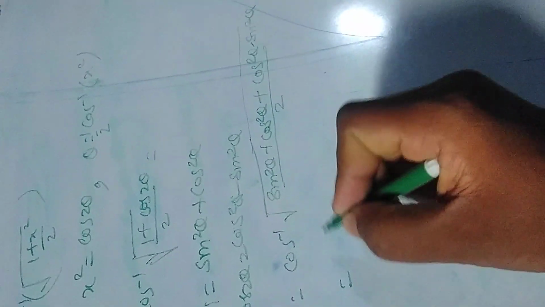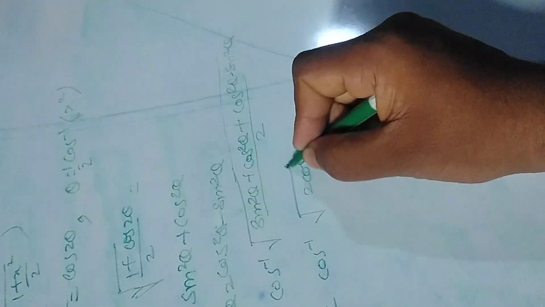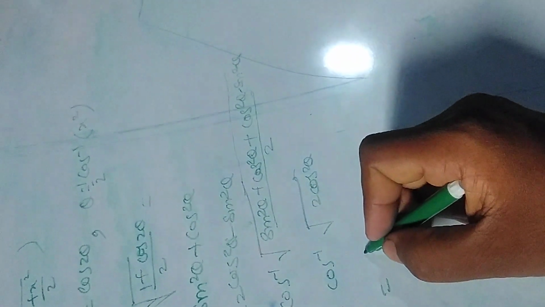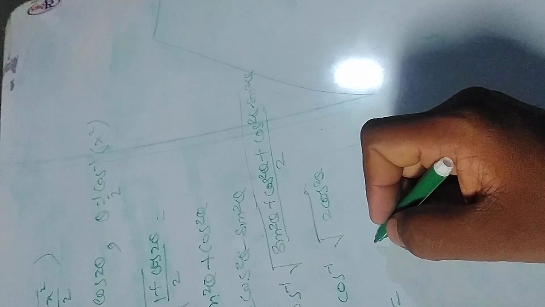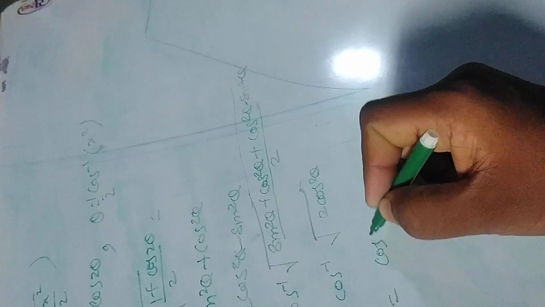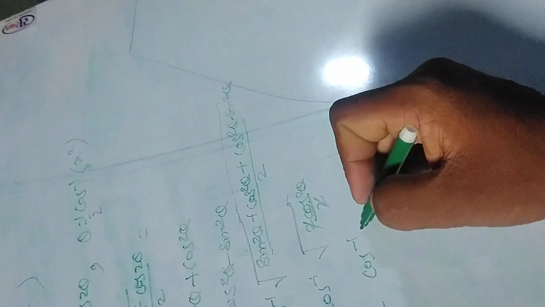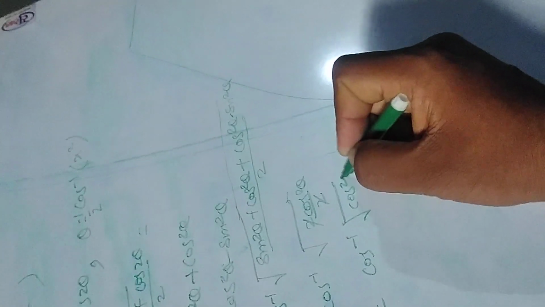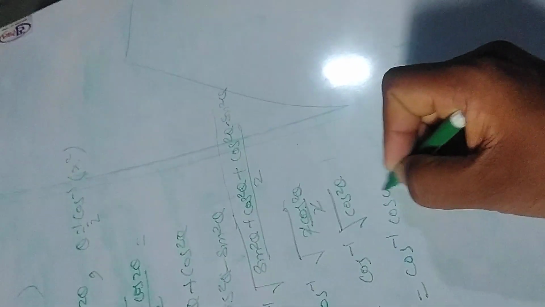Cos square theta plus cos square theta will be 2 cos square theta. So it will be cos inverse of under root of 2 cos square theta divided by 2. The 2 gets cancelled, it will remain as cos inverse of under root of cos square theta, which is cos inverse of cos theta.